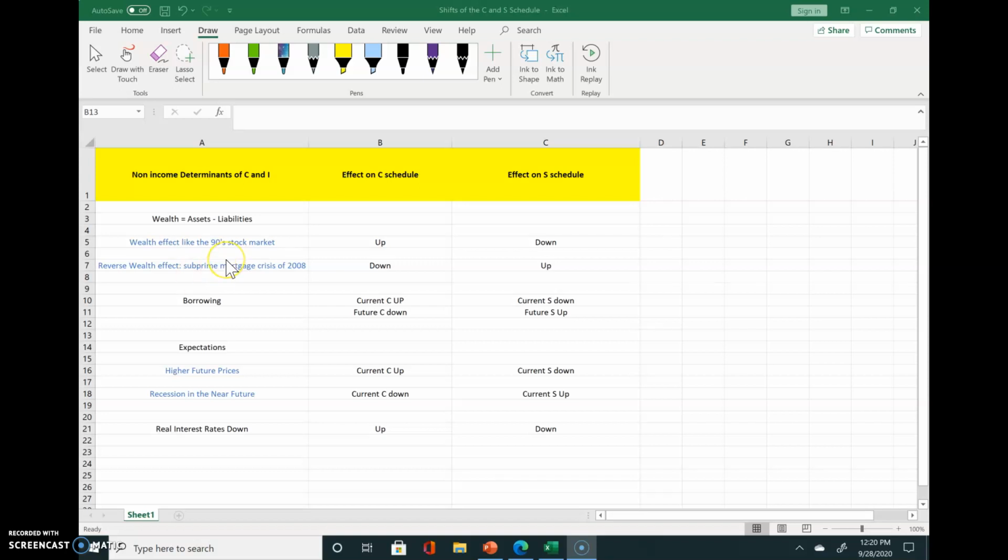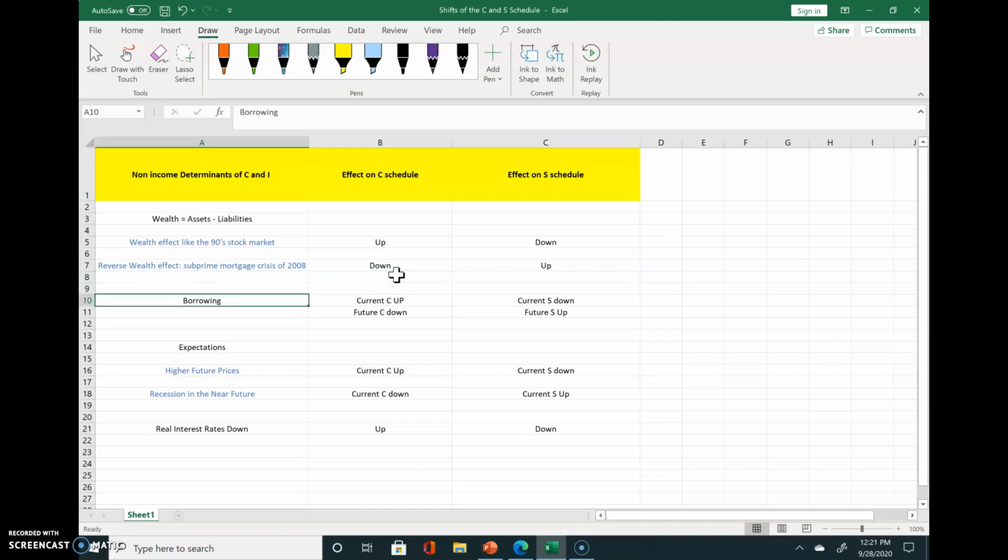We also have an example of reverse wealth effect, which is the subprime mortgage crisis of 2008, where consumer wealth went down. As a result, consumer spending went down, but the savings went up.